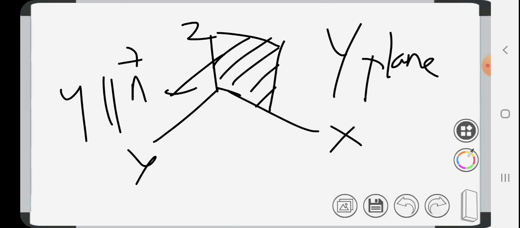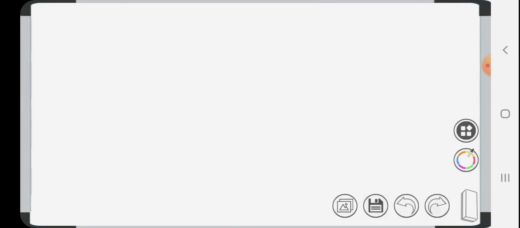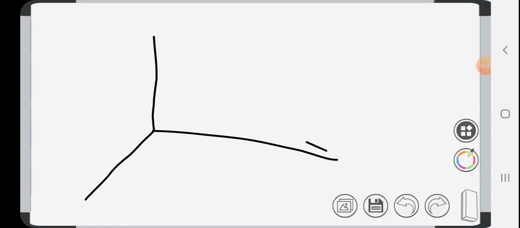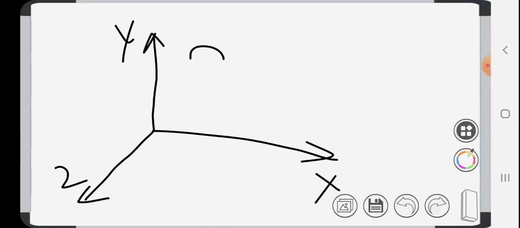Similarly, the y plane has a normal parallel to the y axis, and the z plane has a normal parallel to the z axis. Okay. So, students, this is our coordinate system. I am taking z here, y here, x here. I am having a body.